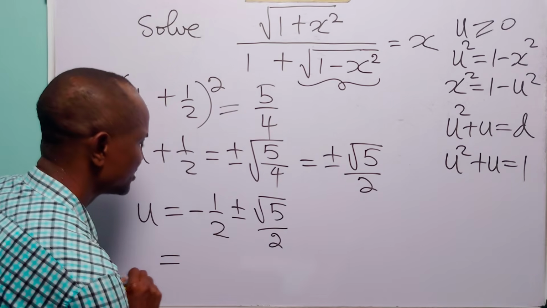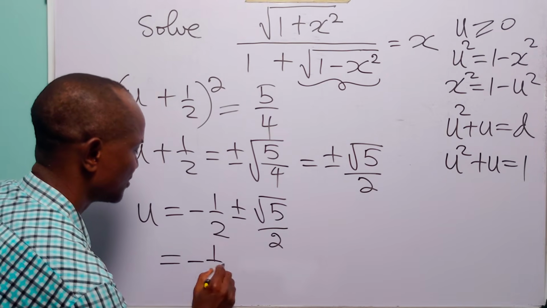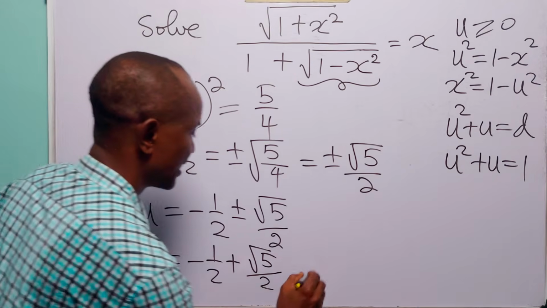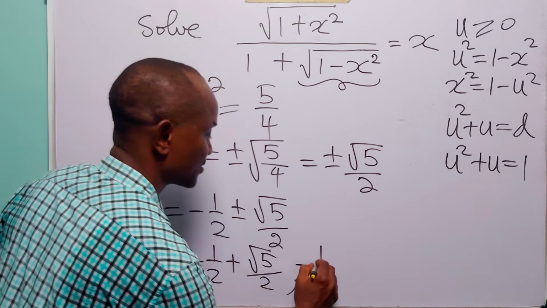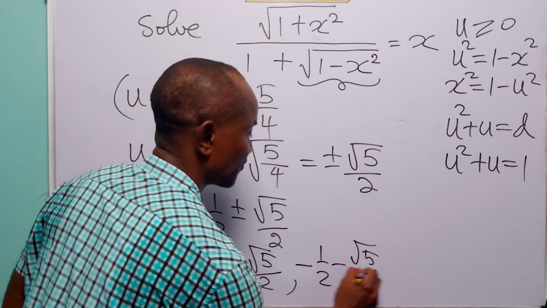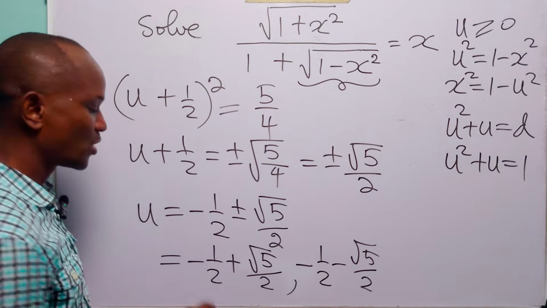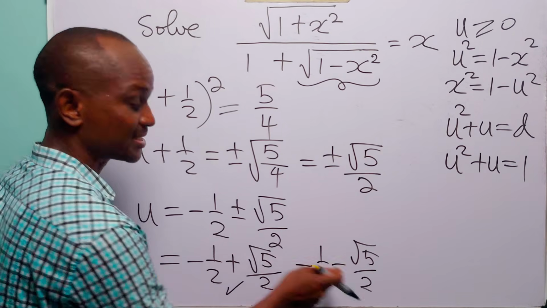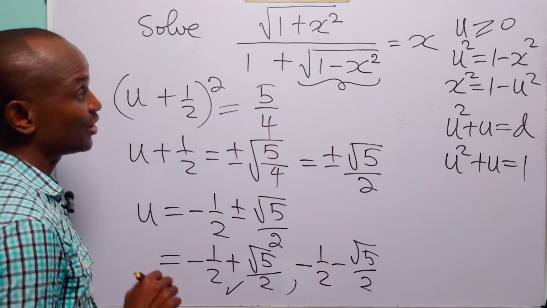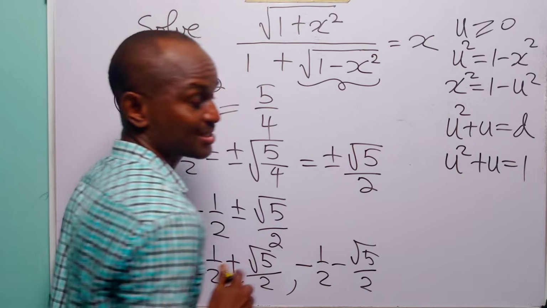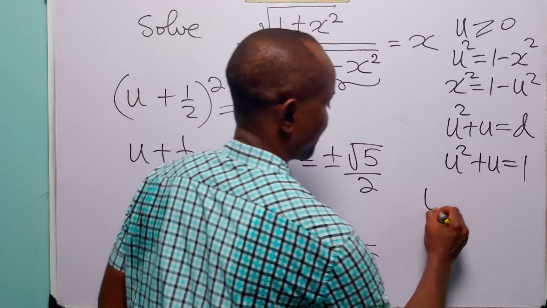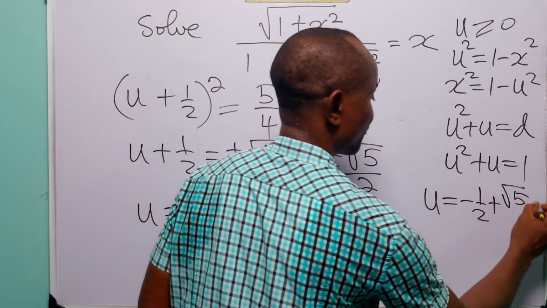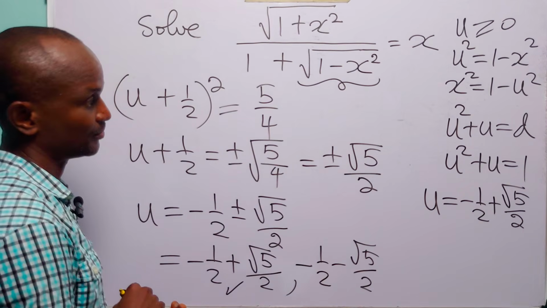So from these two values of u, the first value is minus half plus root 5 over 2, and the second value is minus half minus root 5 over 2. We take only the positive value. Of course, you know that the second is negative. So the value of u that we accept is minus half plus root 5 over 2.